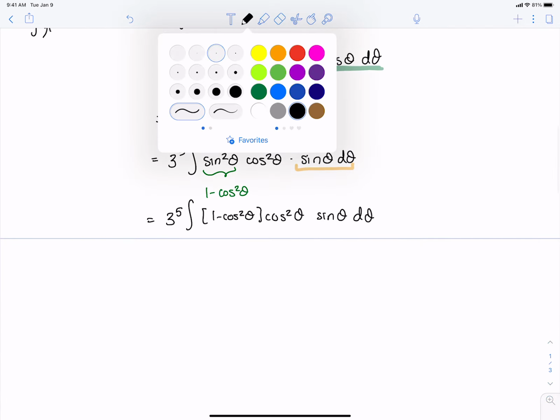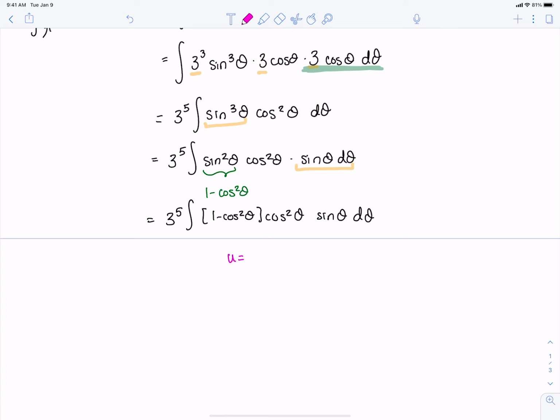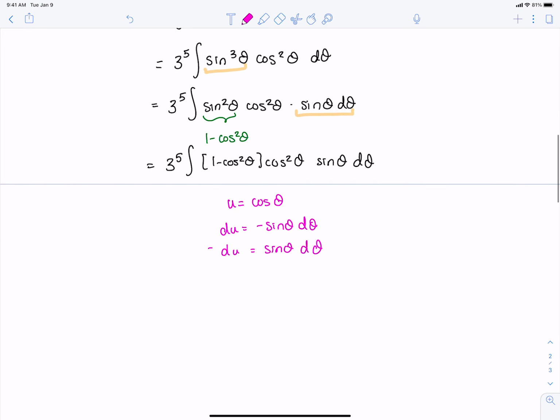Now we're going to do one of our regular substitutions. u is equal to cosine of theta, so du is equal to negative sine of theta d theta. We'll move that negative over with the du. This is why it's kind of annoying to have cosine being what we use for our substitution; that's why up above we used sine.